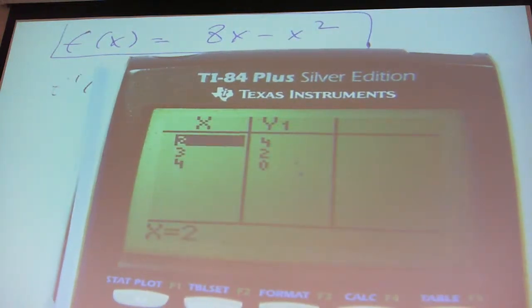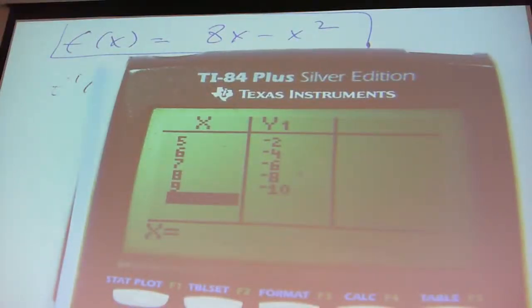If I go to the table, any number less than 4, 2, 3, 3.5, 1, 0, all of those are giving you positive results. Positive results in the derivative means that's where the original is increasing. Any number after 4, 5, 6, 7, 8, 9, all those are giving you negatives, which means that's where the original is decreasing. Okay? That's what the derivative does.